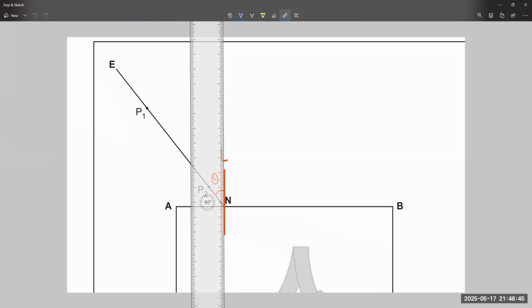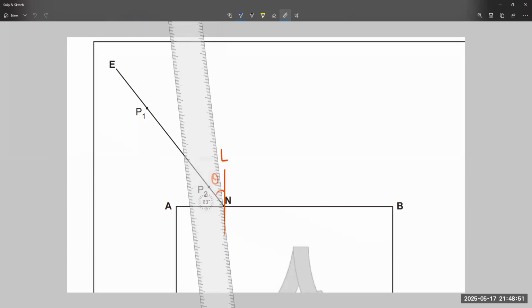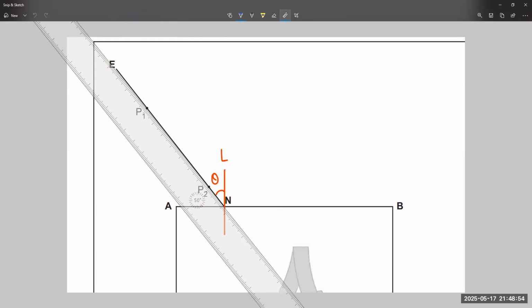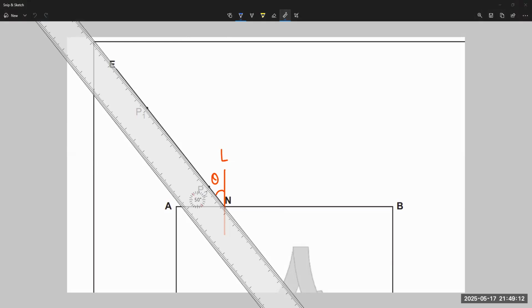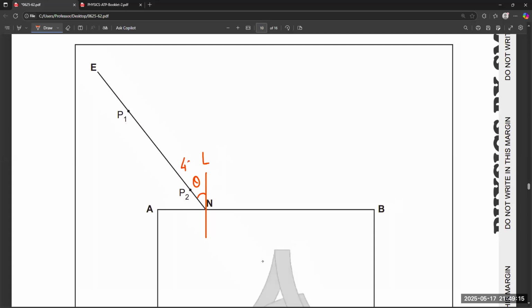So from 90 degrees, you have to count the divisions on the left hand side. For example, this one is 50, right? So the angle between 50 and 90 is equal to 40, right? So this angle is 40, because in the center we have 90 and this angle is 50. So the measured angle is 40.